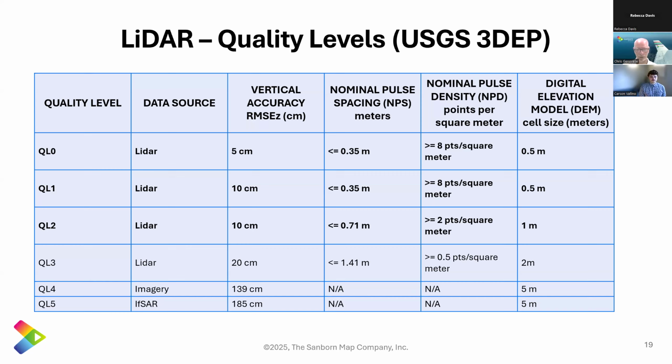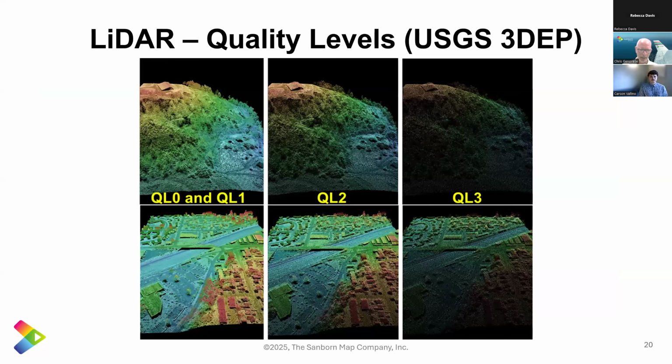That could go certainly up much higher. And the more you have, the better the fidelity of the data that you could get out of that. And the next slide here gives you a little bit of an idea.